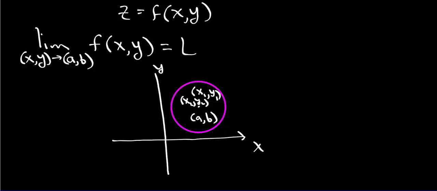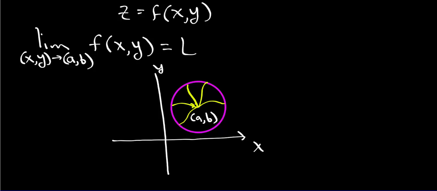But what we're doing is talking about the limit as (x, y) goes to (a, b). Now, with single variable, we can either come from the left or right. But not this one. We can approach this way, this way, this way, this way, this way.